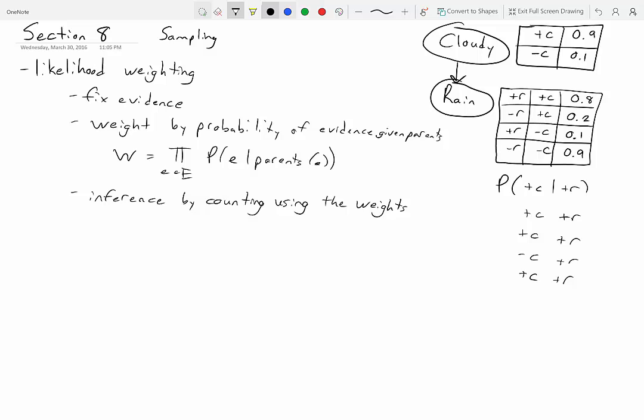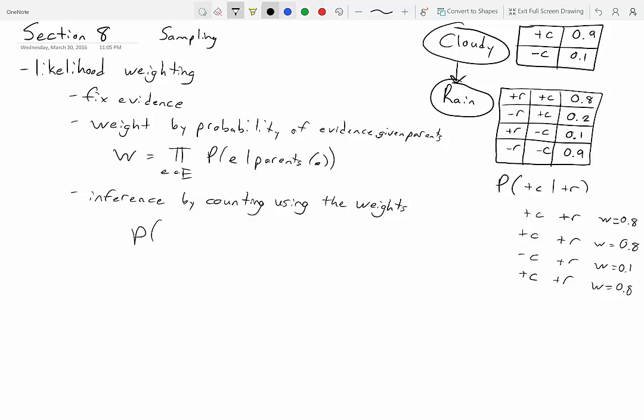Now what I do is I assign a weight to each. So the weight of the first one is the probability of the evidence given its parents. So the probability of plus R given plus C is 0.8. Same thing here: this is the probability of plus R given minus C, 0.1, and this is 0.8.